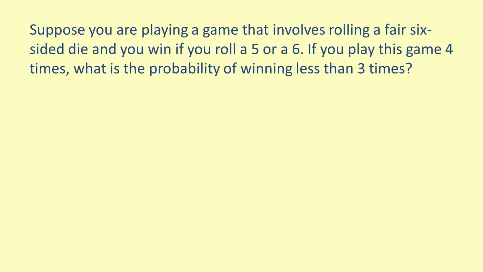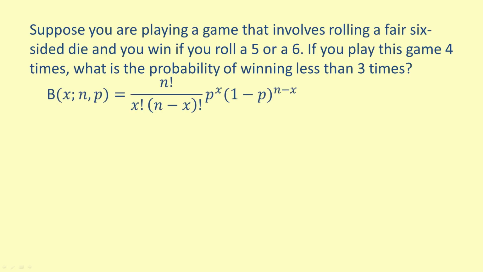Let's go through another example. Suppose you are playing a game that involves rolling a fair six-sided die and you win if you roll a 5 or a 6. If you play this game 4 times, what is the probability of winning fewer than 3 times? Again, we'll display our formula for finding a probability from a binomial distribution here.